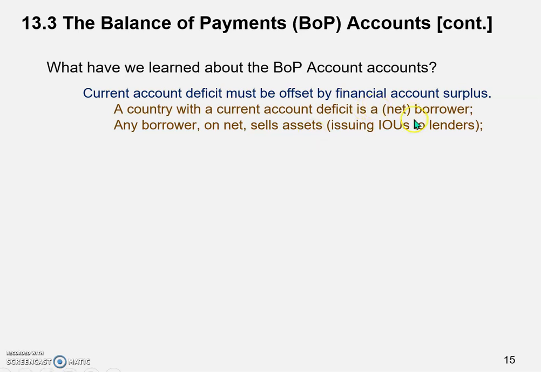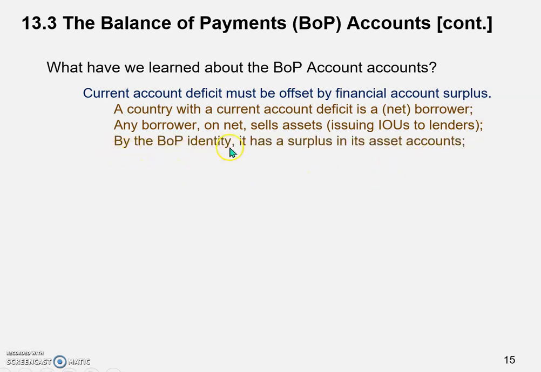It's the same thing for countries, so they have to sell assets. At the country level there could be a variety of assets, and the most commonly mentioned one is treasury bonds or treasury bills, which we can sell to foreign lenders.